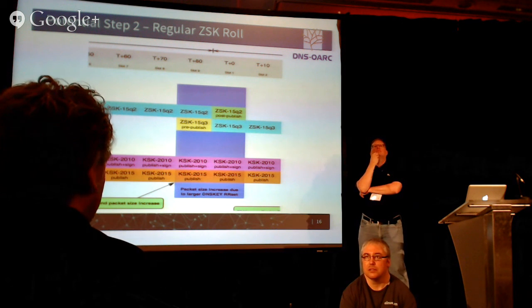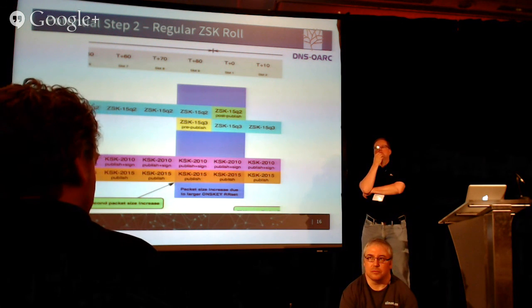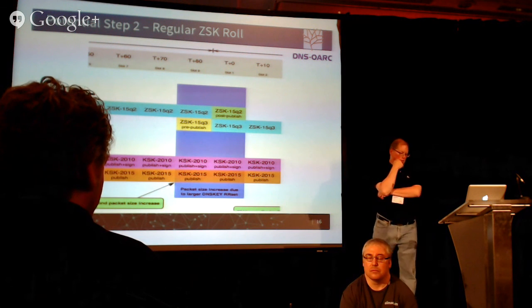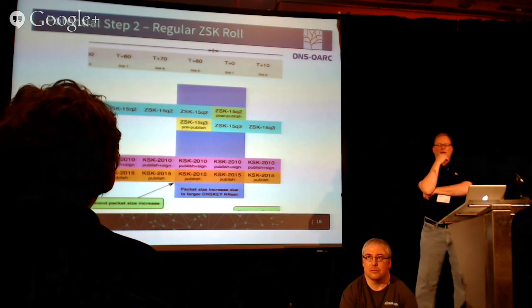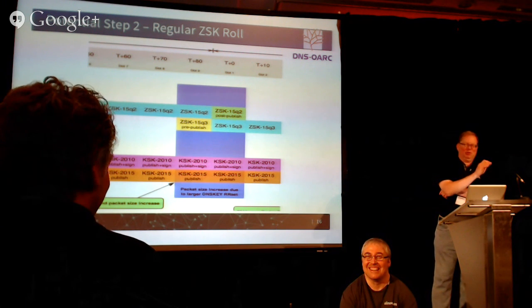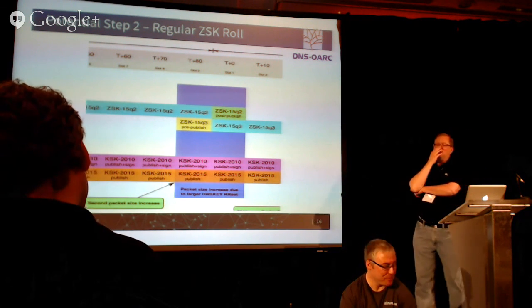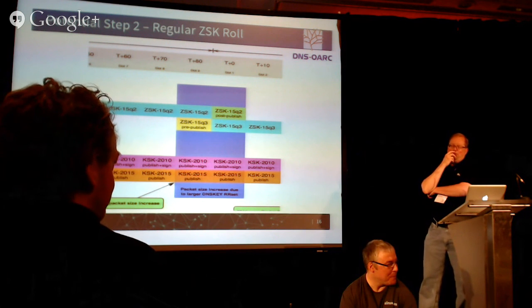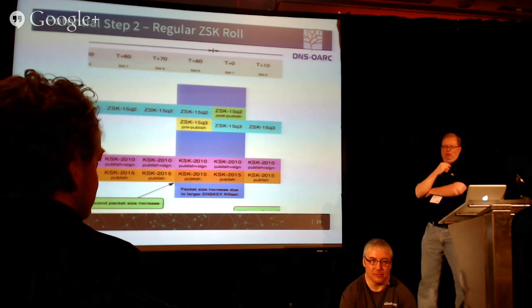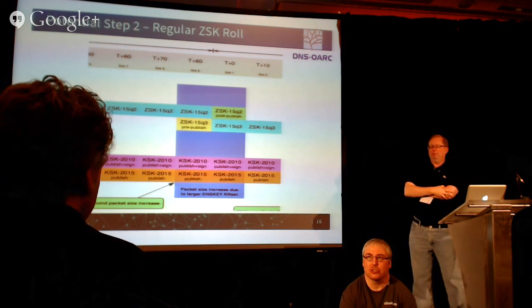You can basically do the entire roll without rolling the trust anchor. Is that an idea? It's an idea. As a protocol engineer, I'm thinking about whether that's possible from the protocol point of view. I'd have to think about it before I give you an answer.